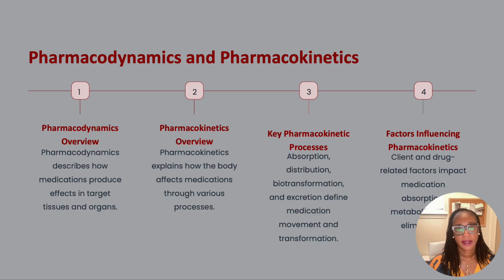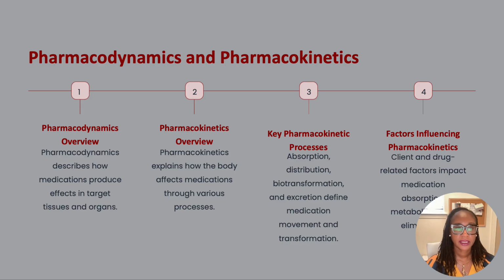And the pharmacokinetics overview explains how the body affects the medication through various processes. Some key pharmacokinetic processes: for pharmacokinetics, we look at absorption, distribution, biotransformation, and then excretion. These define medication movement and transformation.